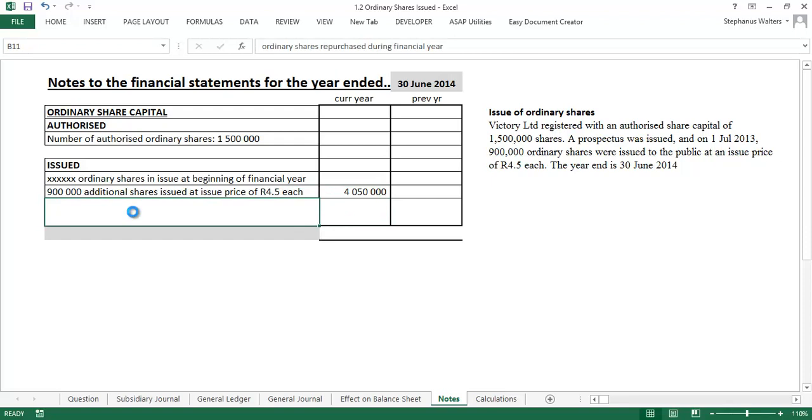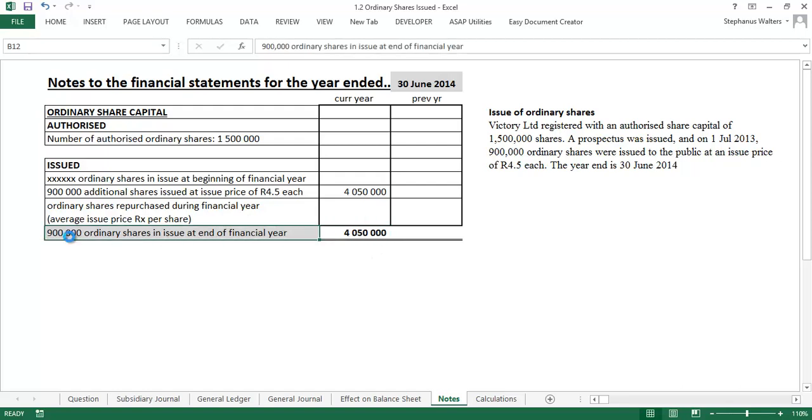Then if you had a share buyback, you would also include the detail of that. Ordinary shares repurchased. We're not going to go into that now. We'll get to an example later. And then finally, you'll be left with your total ordinary shares in issue at the end of the year. We only have 900,000 shares in issue, and that gives me a total of 4.05 million that is actually in issue.